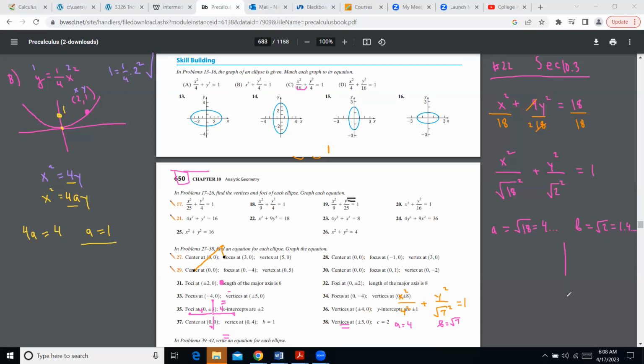So let us prepare to graph that ellipse, and I go by square root 2 up and down, and by square root 18 to the left and to the right. So this way we have an idea of how wide this ellipse is supposed to be.